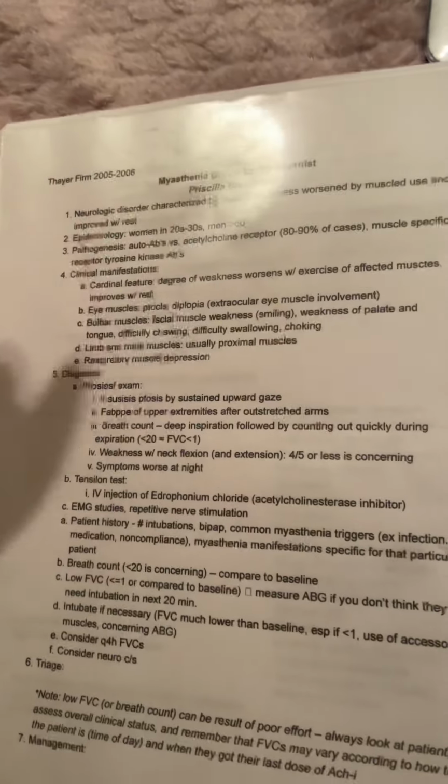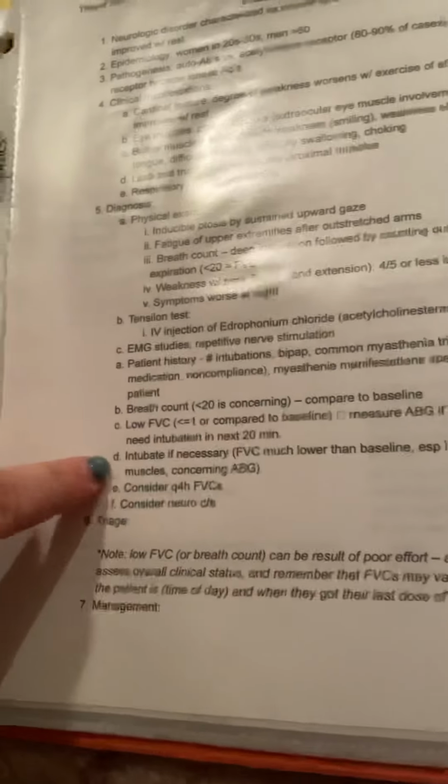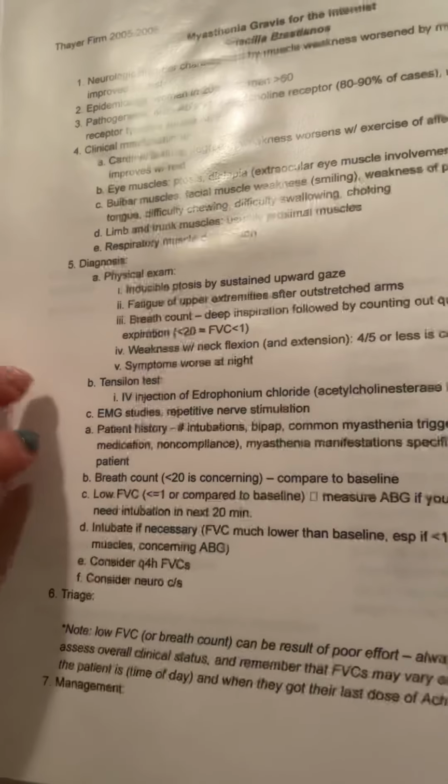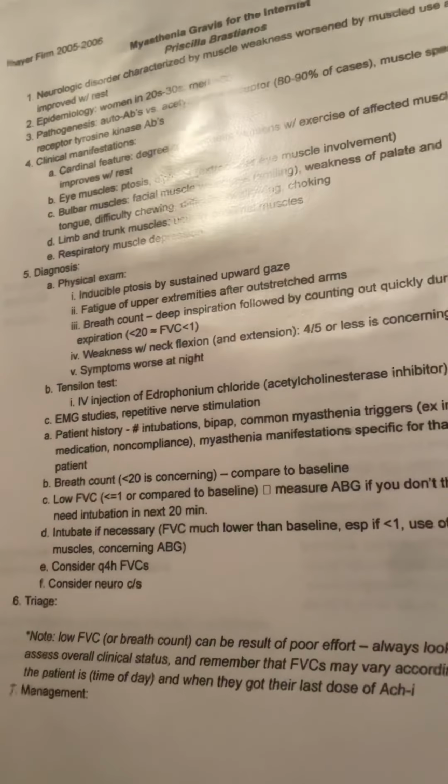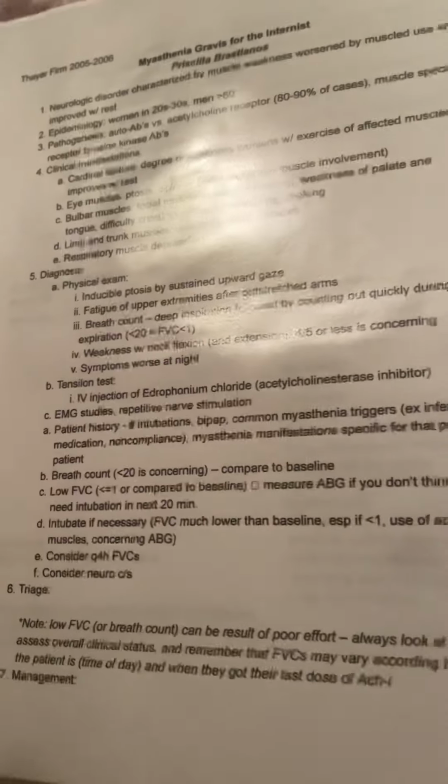So it covers that it's a neurologic disorder, how it presents in women, clinical manifestations, diagnosis, and the biggest thing for me that I reference in this is, if you are in the ER, you reference the breath count, because they'll just try to go off of your oxygen, which is not helpful for most of us.